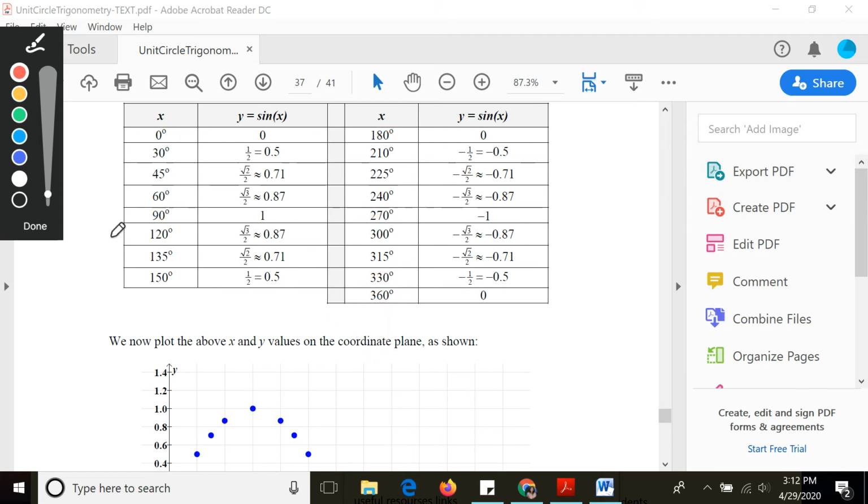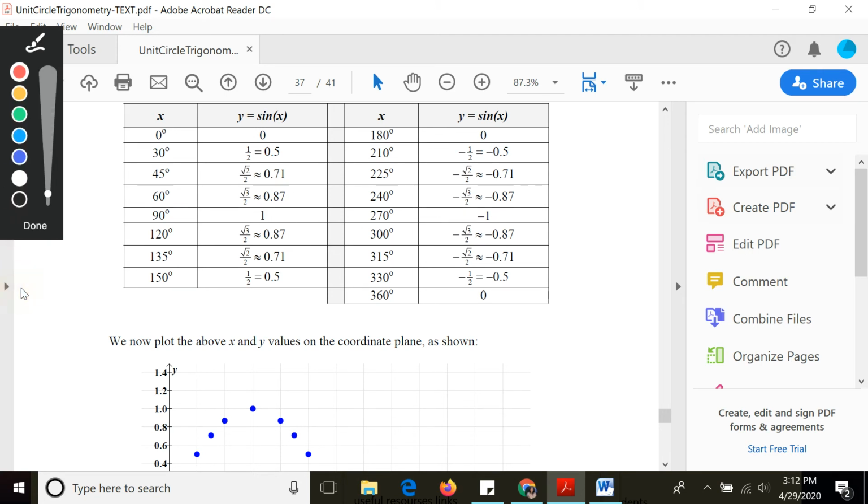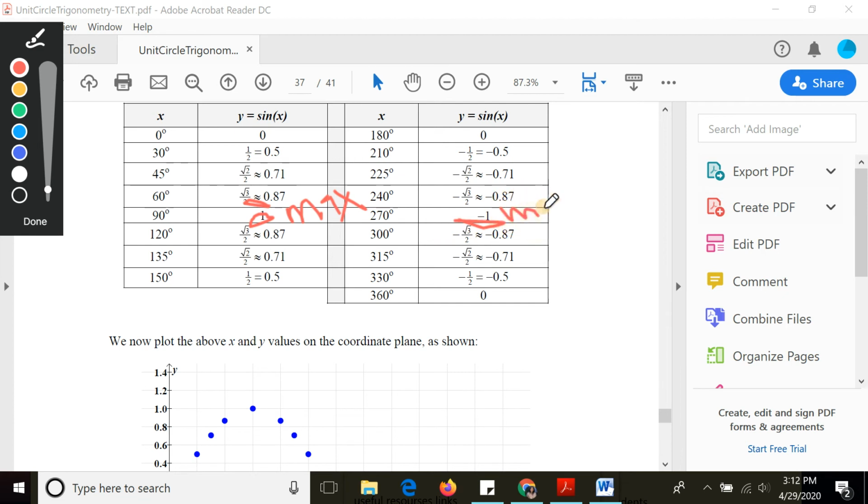Another observation I would like you to take from here is that the maximum value of sine is 1, and the minimum value is -1. You can see here this is the maximum value, and -1 is the minimum value.